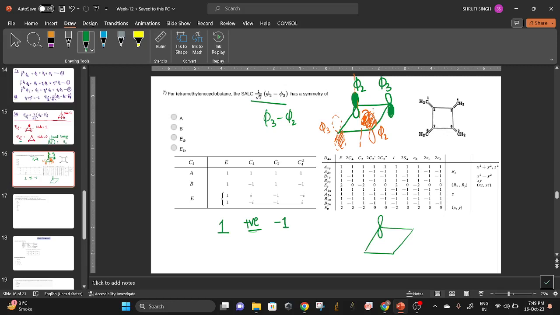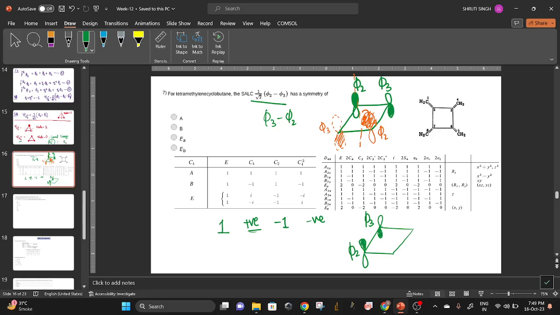So C4 means negative rotation. So psi 2 will come here. This will be phi 2 and this will be phi 3 down. Now the lobes have got changed, so it will be negative, and they have changed their places, so it will be some number. The character cannot be +1 or -1 here because they have changed their places.